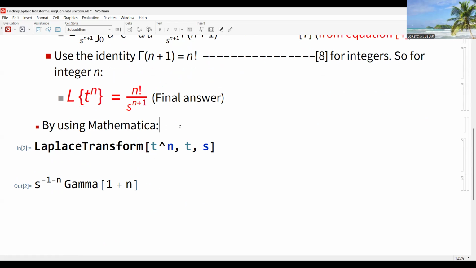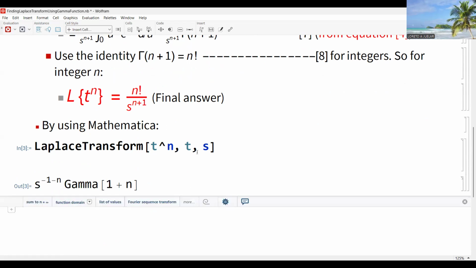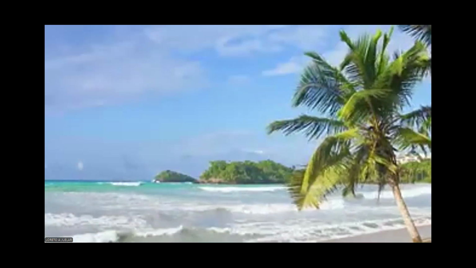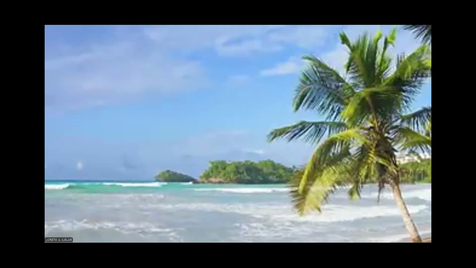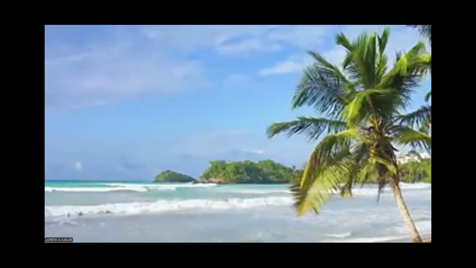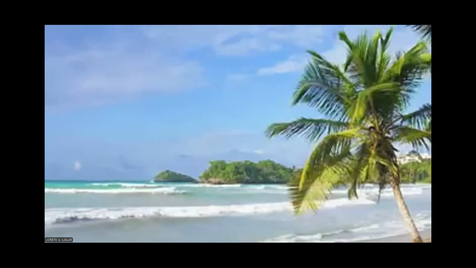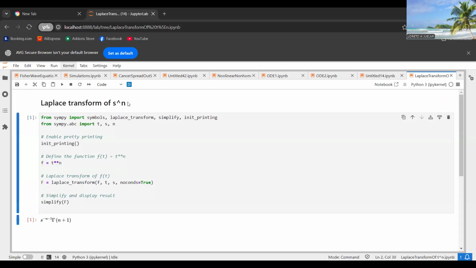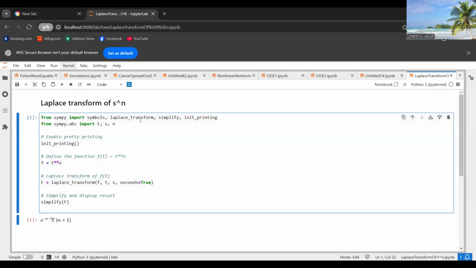By using Mathematica, we have the Laplace transform of t to the n. Now using Jupyter Lab, from SymPy import the symbols, laplace_transform, simplify, and init_printing. We enable the pretty printing with init_printing.